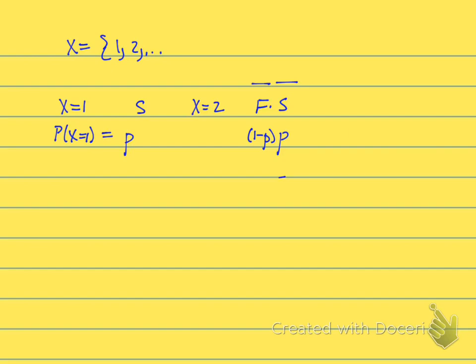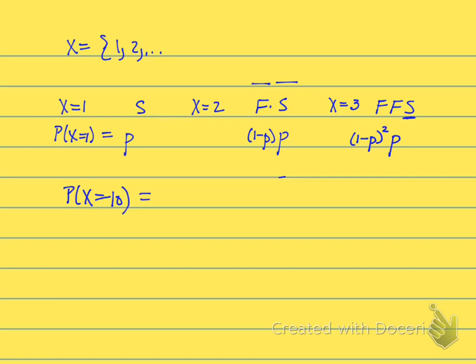If I say x equals 3, well, that means failure, failure, success. The only way we get 3 is if our success is on the last trial. So that means 1 minus p squared times p. What if I said the probability x equals 10?